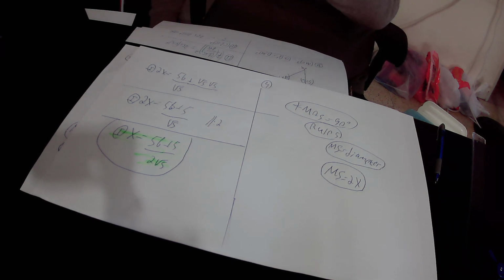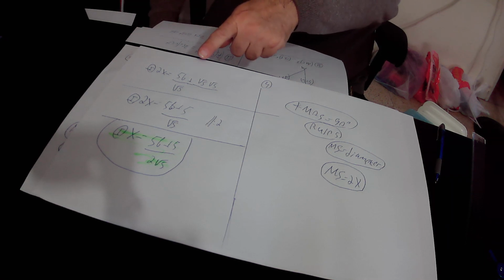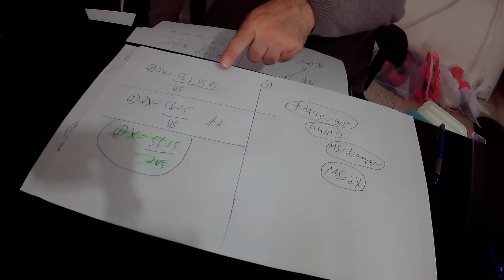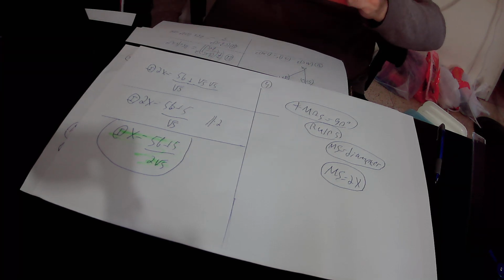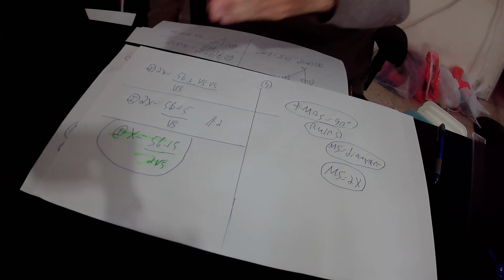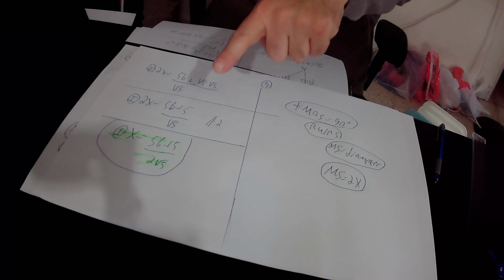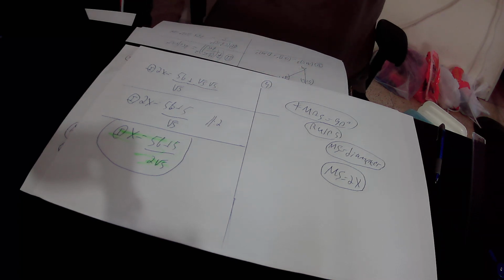And we found that 2x equals 5b plus square root of 5 times square root of 5. Square root of 5 times square root of 5 is 5. So in total, 2x equals 5b plus 5 over square root of 5. Then we divided this equation by 2, and found that x equals 5b plus 5 over 2 times square root of 5.